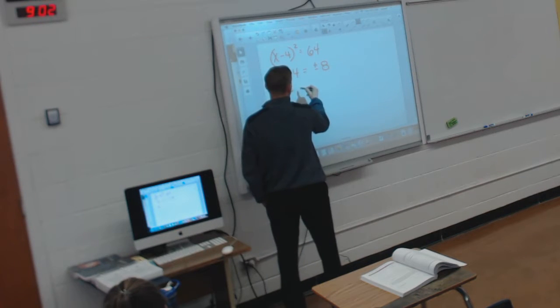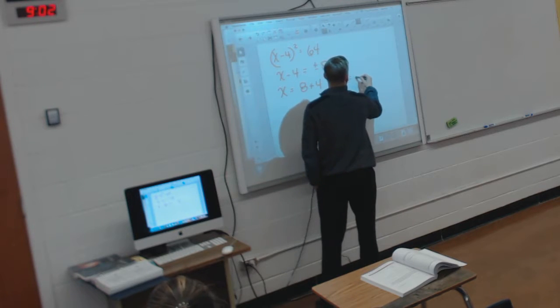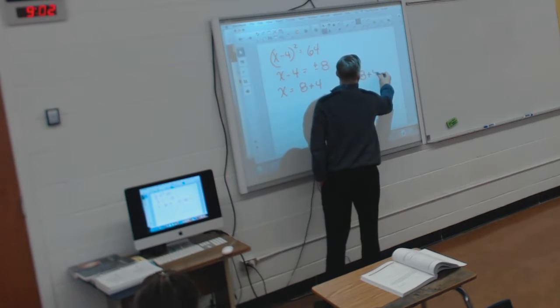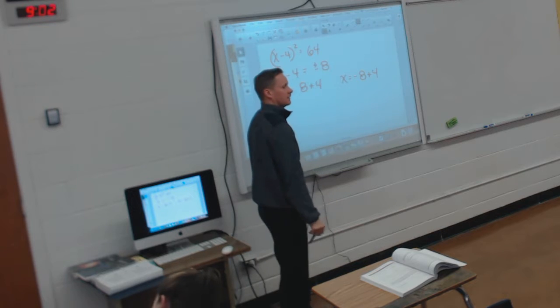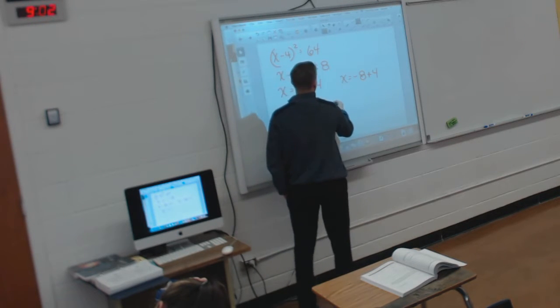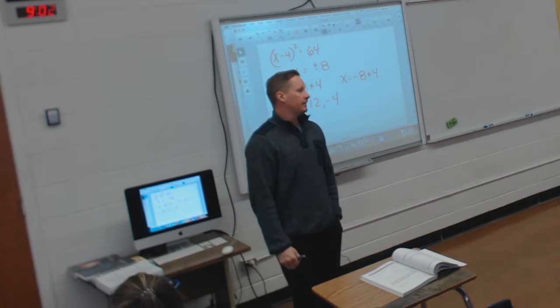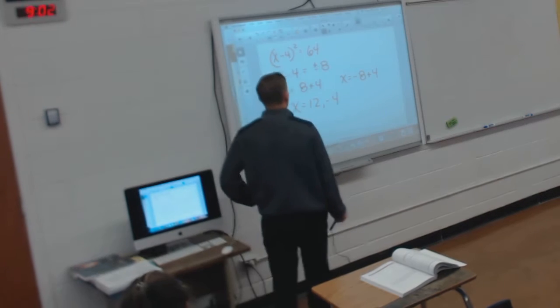So I go x is equal to 8 plus 4, and x is equal to -8 plus 4. So x then is equal to 12 and -4 here.